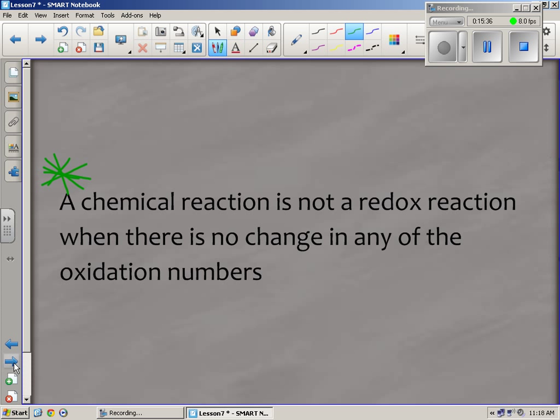It is not a redox reaction when there is no change in oxidation numbers. If nothing is gaining or losing electrons, it's not a redox reaction. You can't do any reduction or oxidation with it, and you can't write out half reactions because no electrons are being transferred.